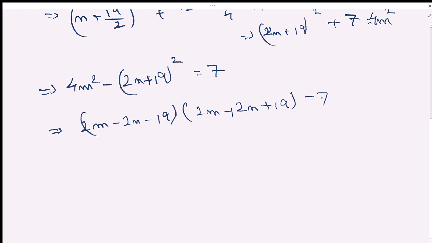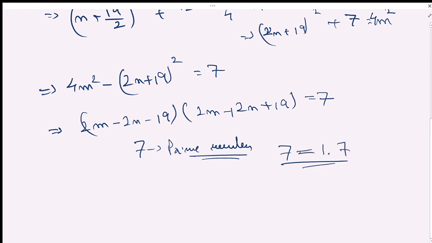Now we all know that 7 is a prime number. Since 7 is a prime number, the only pair of factors 7 has is 7 equals 1 times 7. So these are the only two factors which 7 has. Therefore either this is 1 and this is 7, or vice versa.